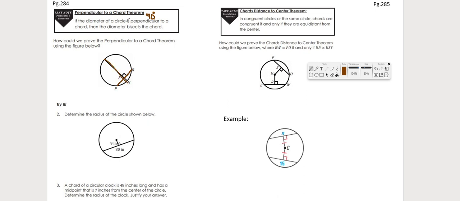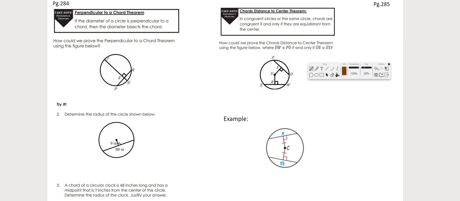So if the diameter, or a radius, it could also be a radius, is perpendicular to a chord, then what do we know? We know that the diameter bisects the chord. The word bisects means it cuts it in half. So this chord will be cut in half.